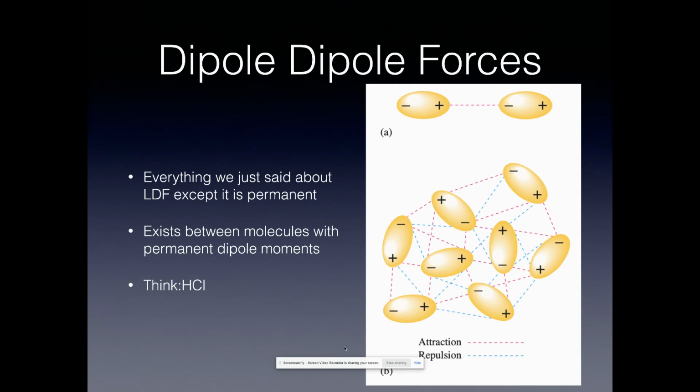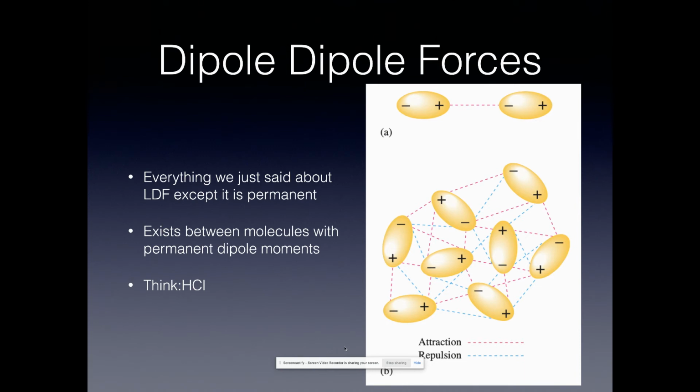Now, here's what's misleading. HCl is a gas at room temperature. You're always working with an aqueous solution of it, but actual HCl is a gas at room temperature. Cl2 is a gas at room temperature. Chlorine has a higher boiling point than HCl does, even though chlorine's only got London dispersion forces.